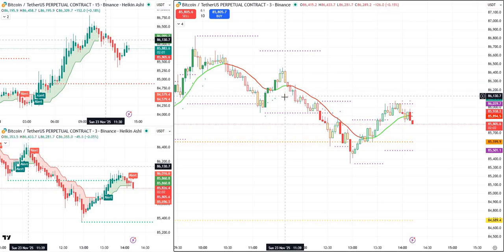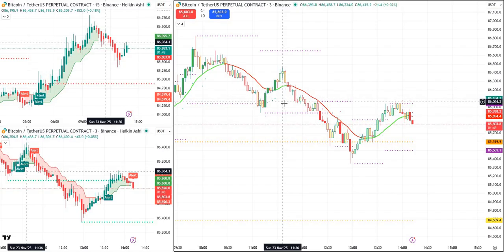You can see there are yellow candles. Yellow candles are powerless or meaningless candles where you should not act at all. Then there are dark red or dark green candles, then light red and light green candles.